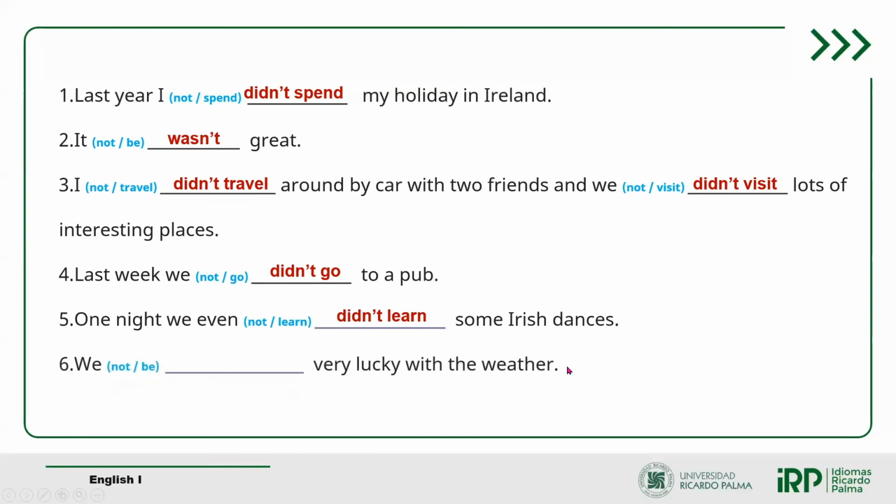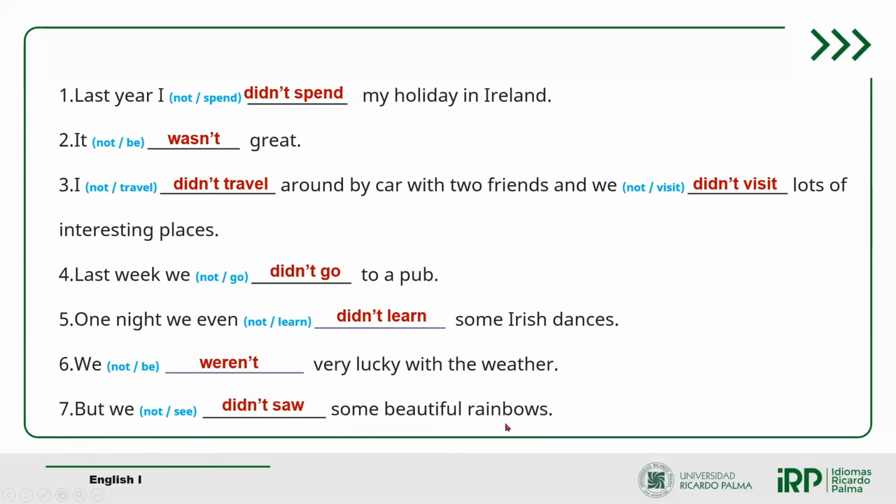Number 6, we, negative form, we weren't very lucky with the weather. We weren't very lucky with the weather. Number 7, but we, negative form, we didn't see some beautiful rainbows.